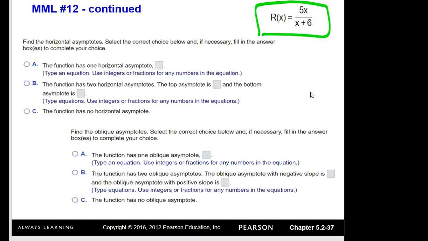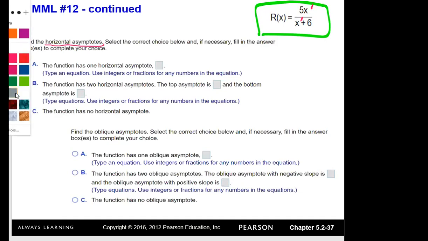This time we are looking for the horizontal asymptotes, and that's when you have to look at the degrees. The degree of the numerator is 1. The degree of the denominator is 1. When the degrees equal each other, then it's the ratio of the coefficients.